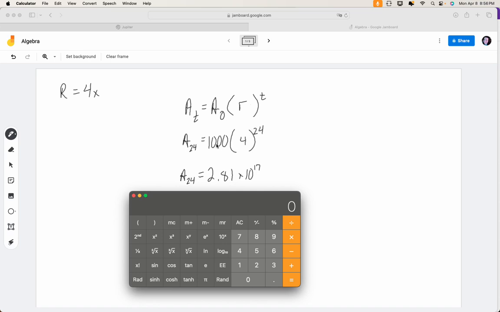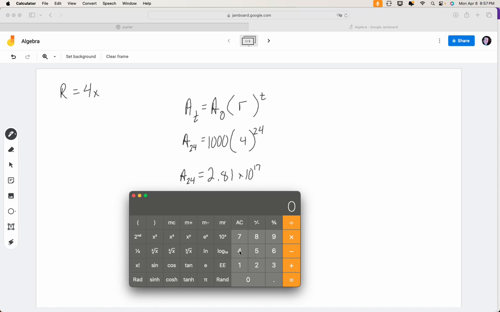It says if there were 1,000 at the very beginning at t is equal to 0, how many bacteria were there in 24 hours? So the amount in 24 hours is 1,000 times 4 to the 24th power. So the first thing we're going to do is the exponent, because PEMDAS tells us to do the exponent first.